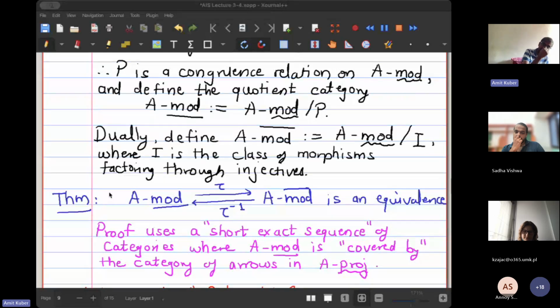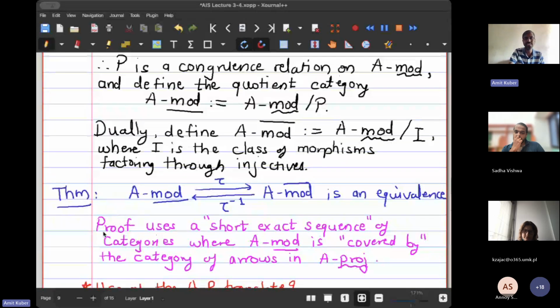The proof here uses a short exact sequence of categories where the middle object, the one that covers A mod, is the category of arrows in projectives. Just to briefly tell you, this idea actually comes from K-theory, where we talk about the category of morphisms between projectives. The arrows are the objects and commutative squares are the morphisms.